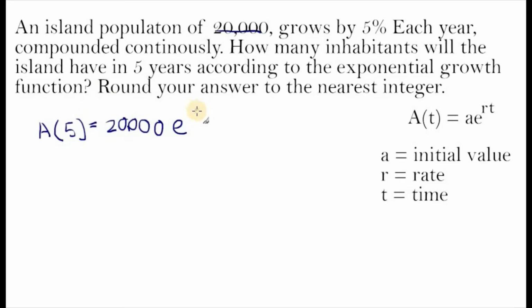R is the rate, which is right here, and you need to change it to a decimal. To change to a decimal, you'll take the number, which is 5, and divide it by 100, and you'll get 0.05. And t, which is time, is going to be 5 years.